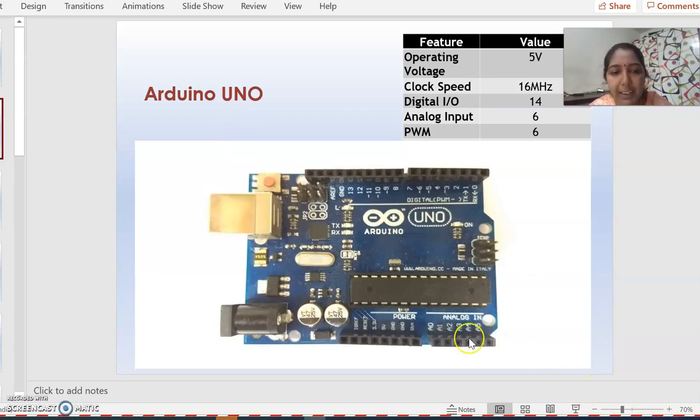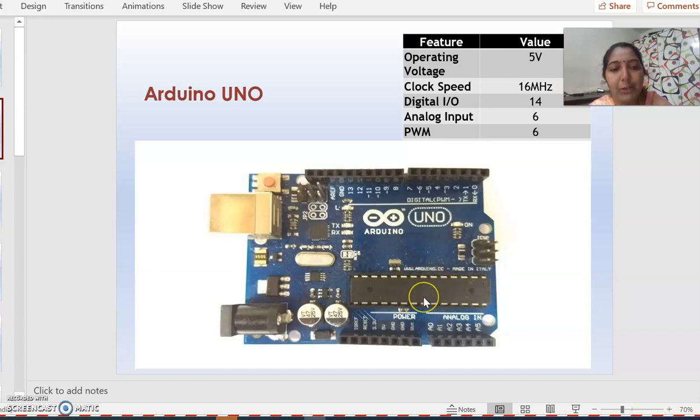So first, it contains one microcontroller which is called the Atmega 328P controller. Almost all the Arduino boards are using microcontrollers developed by the Atmel company. Because of that, whatever microcontroller we see, the number always starts with 80.